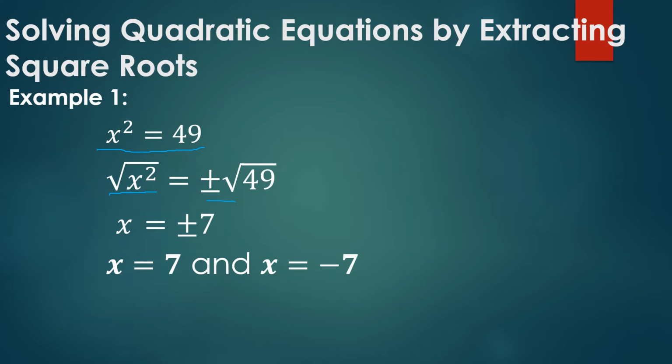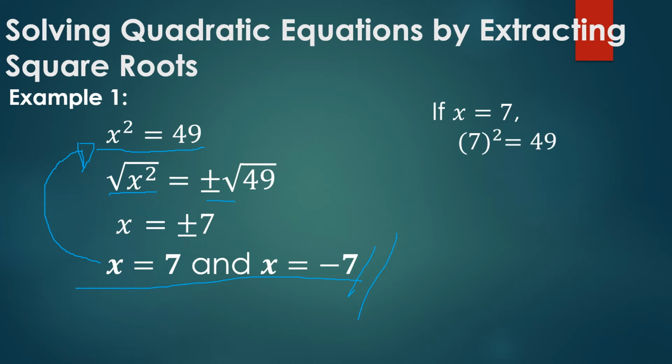But how are we going to know if these answers are correct? It is by using the checking. We are going to substitute the values of x that we have found in the original equation. So if x is equal to 7, then let us replace x by 7.